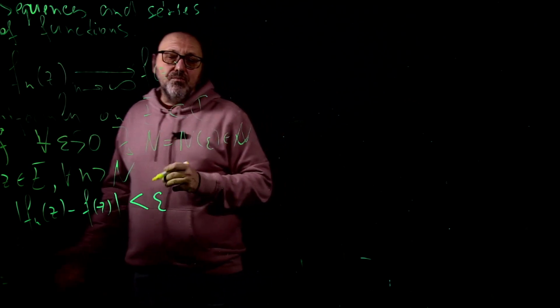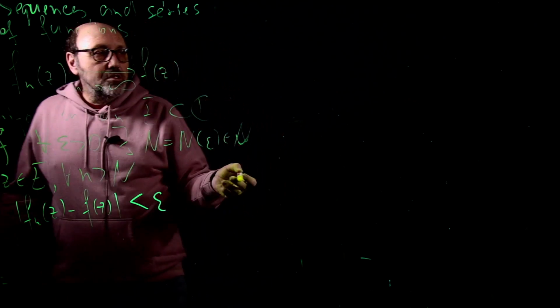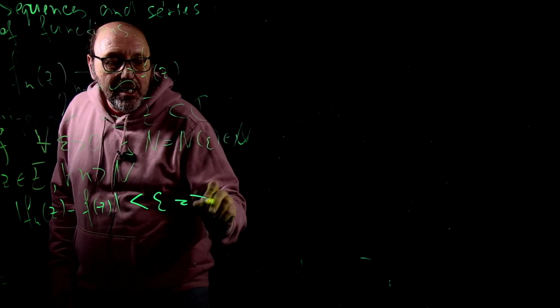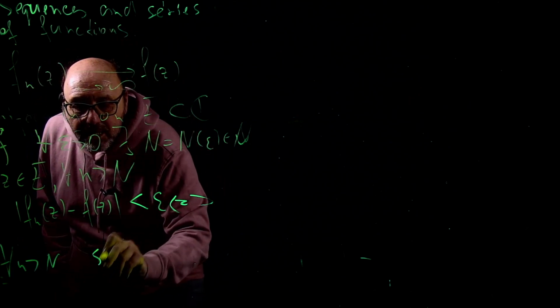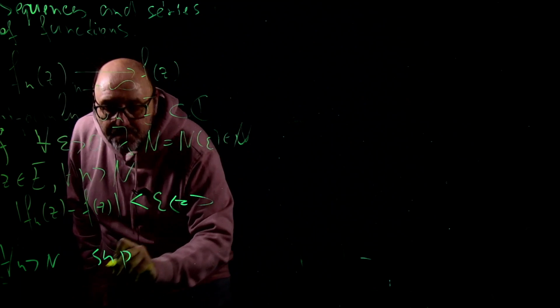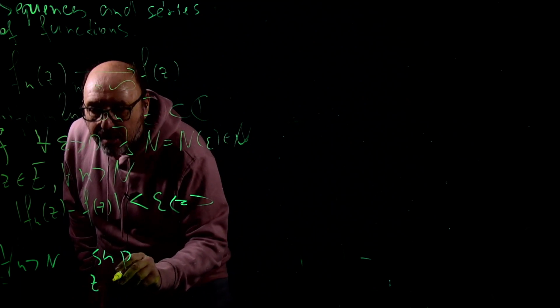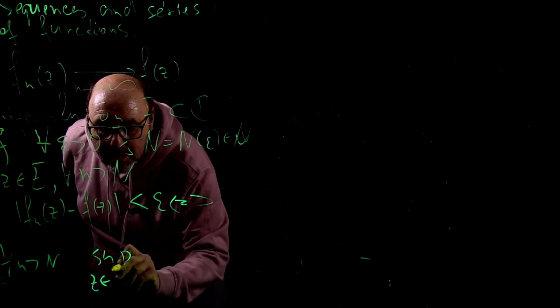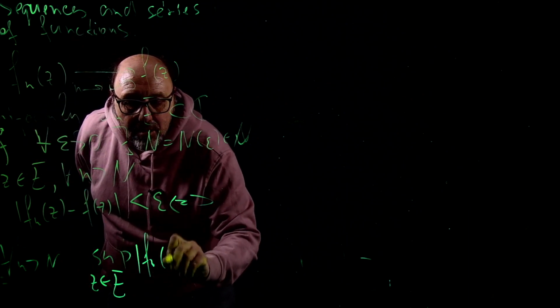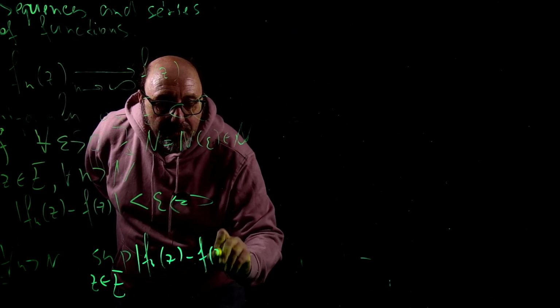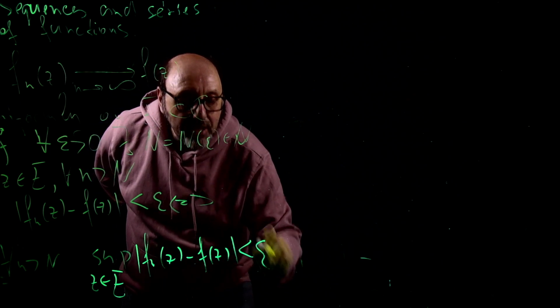This is the uniform convergence. Of course, this is the same thing as to say that for every n bigger than N, the supremum over z in E of modulus of f_n of z minus f of z is smaller than epsilon, right?